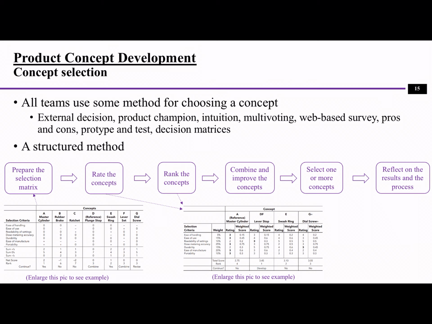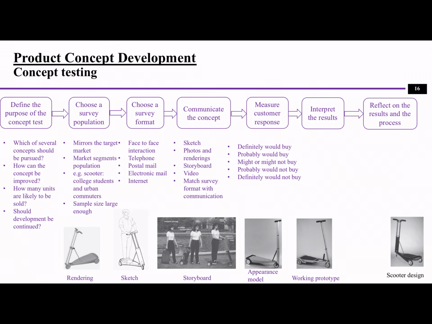And then next will be to select one or more concepts you want to investigate further. An example of the rating or ranking of the concepts can be seen in the figure here. All right. After that, we'll do some concept testing. Concept testing means we want to see which one works or which one will not work, right?